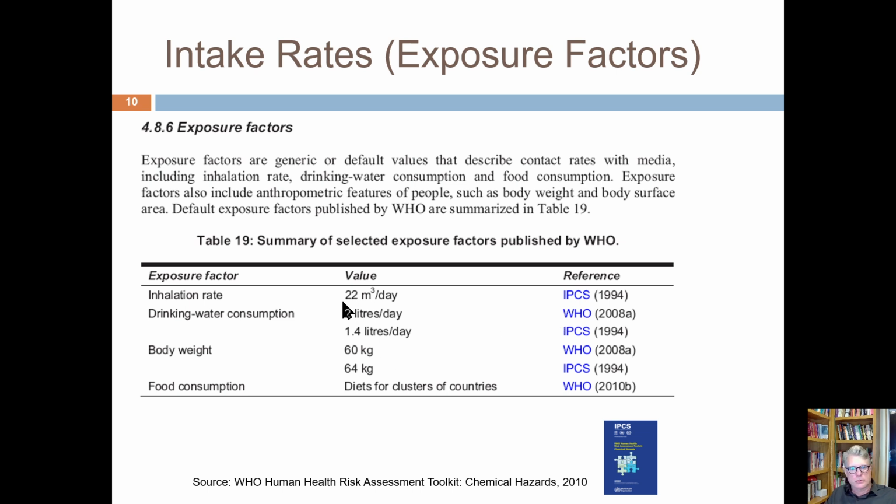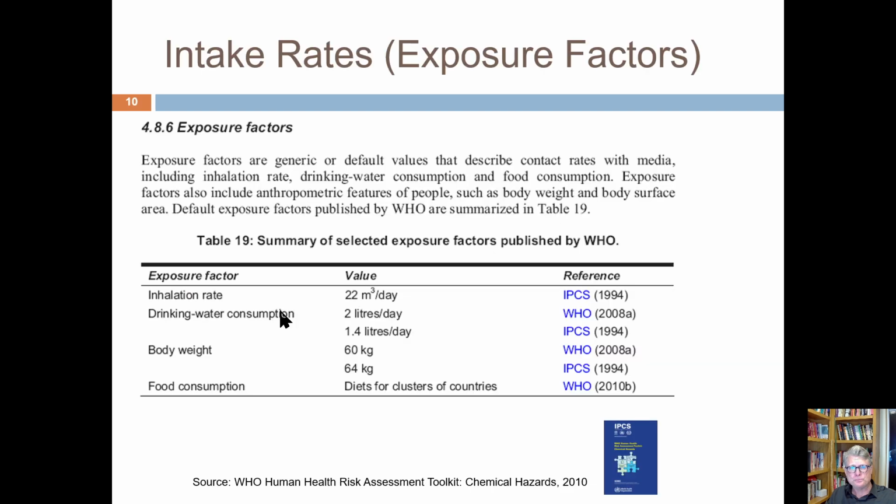Those organizations recommend an inhalation rate of 22 cubic meters of air per day for an adult person. So that's just about a cubic meter per hour. They recommend a drinking water consumption rate of 2 liters per day. IPCS says more like 1.4 liters per day. They recommend body weights of around 60 kilograms. And you can find online from WHO diets, including types of food and amount of food eaten for geographic clusters of countries.